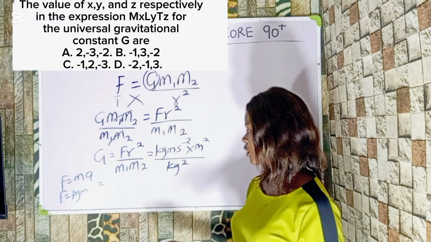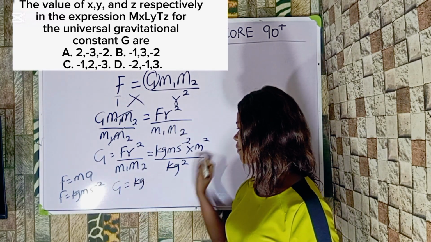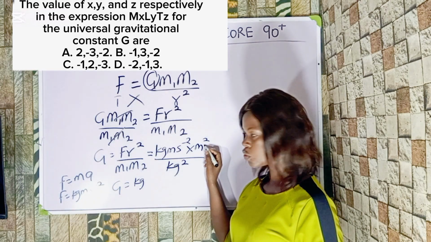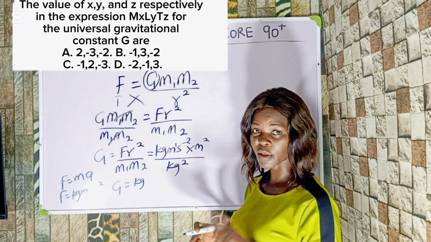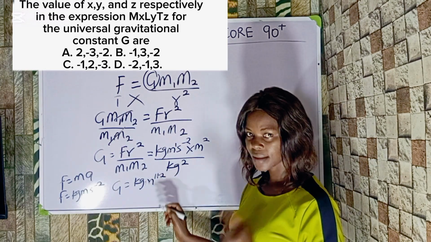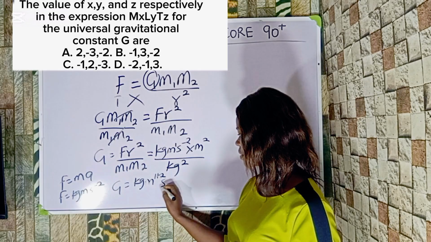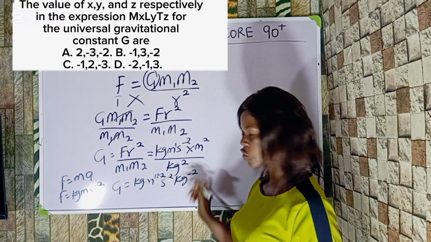Do you understand? Okay, so G is equals to kilogram. Now this is meter raised to power of 2 and this is meter raised to power of 1. I'm going to bring them together, right? From the law of indices, I'll say this is m power 3, per second square. Now this is kilogram minus 2.